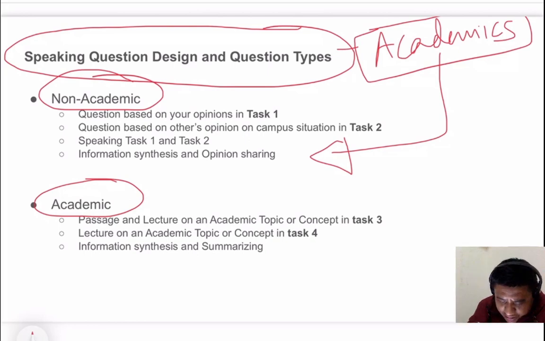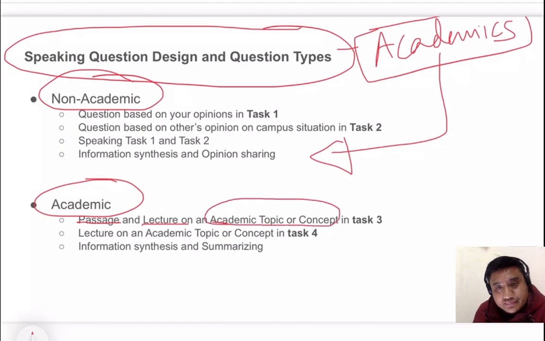When you talk about the academic part, you might have to read passages and listen to lectures on academic topics and concepts. The academic topic or concept can be from any subject, right? It might be from physics, chemistry, biology, sociology, psychology, or geography.